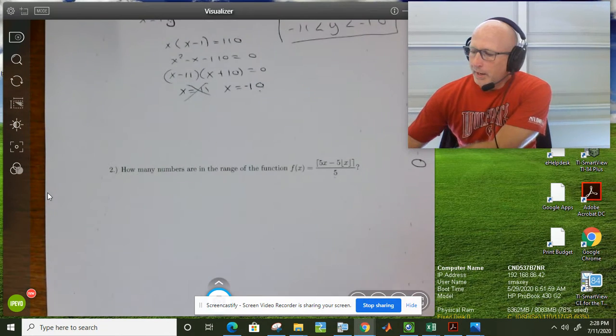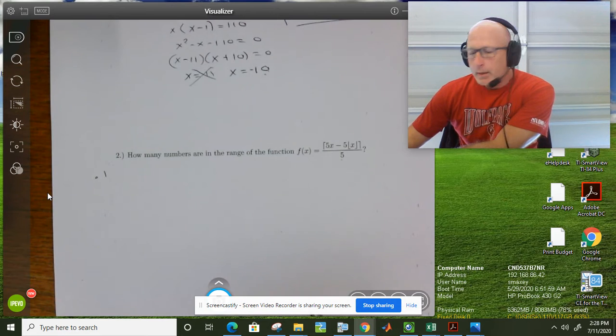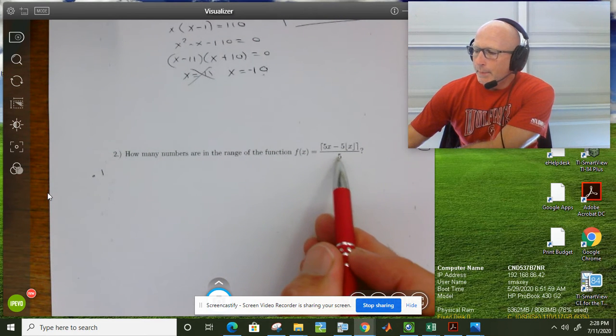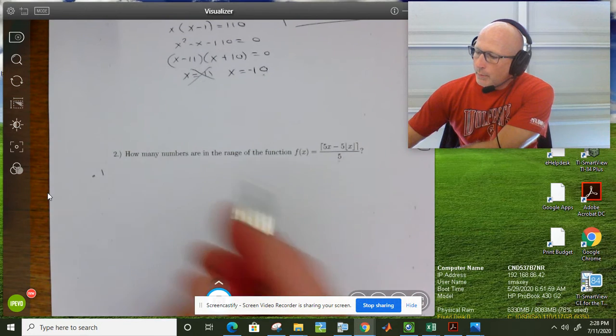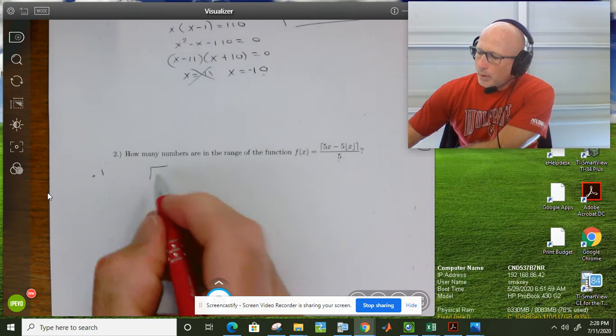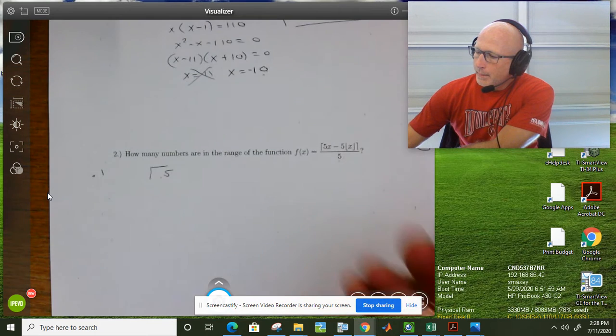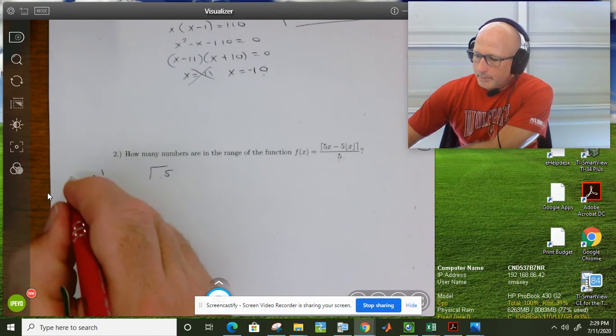Now let's play around a little bit more. What about, for example, when x is 0.1? I'm only going to deal with the top for right now. So I would have the ceiling function of 5 times 0.1, which is 0.5, minus 5 times the floor function of 0.1.